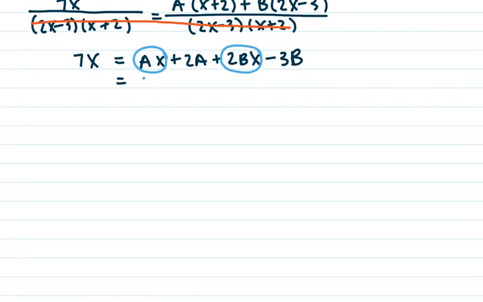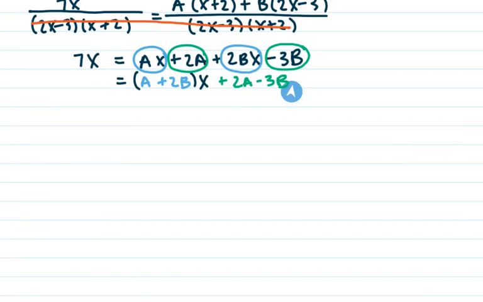So I'm going to rewrite that as (A plus 2B)x, and then I have a plus 2A and a minus 3B as my constants. Now, on the left side, here I have two pieces, here I only have one thing. So a lot of times they may not write it in, and we have to think, all right, well this is essentially the same as 7x plus, and then my constant is simply 0 if I don't have one.